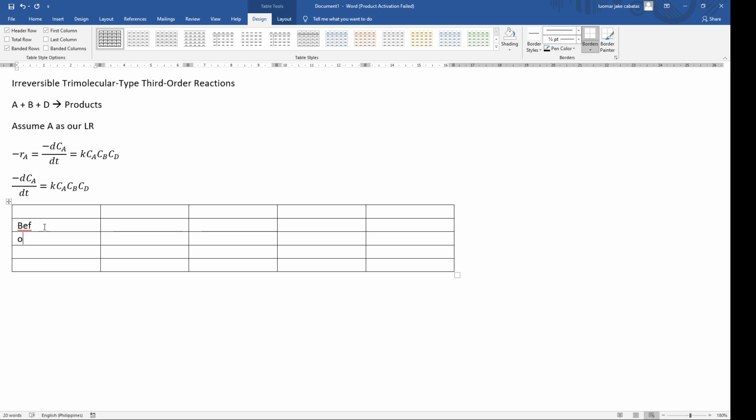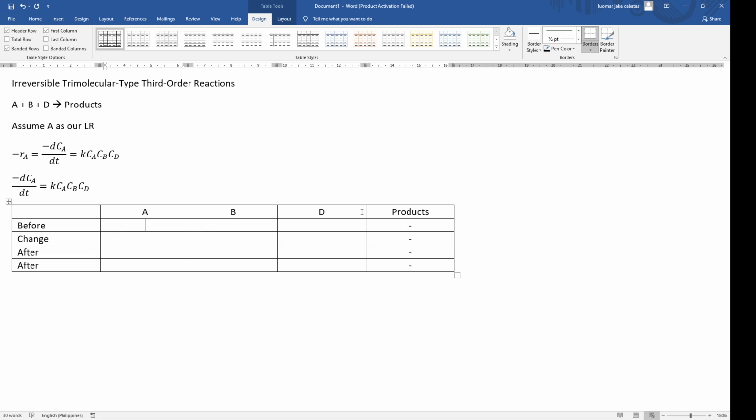Before, change, after. So we have A, B, D, and the products. So again, we usually do not care about the products, so we'll just leave it out, because we can only manipulate what is entering the reactor.